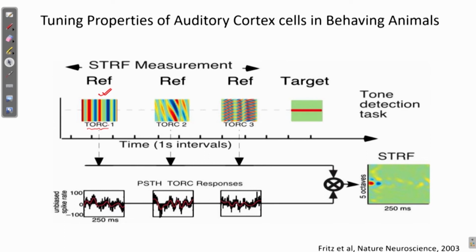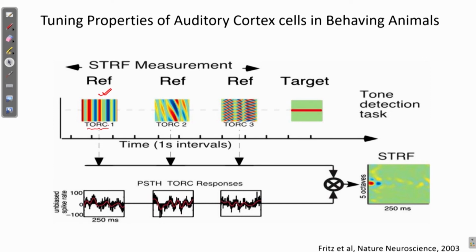What we want to know is that these are special kinds of broadband noise, that is, of a large range of frequencies with certain properties imposed on them, but our calculation of the spike triggered average and hence the STRF remains the same. Because of certain properties, they are more useful than simply using white noise in order to determine the STRF.